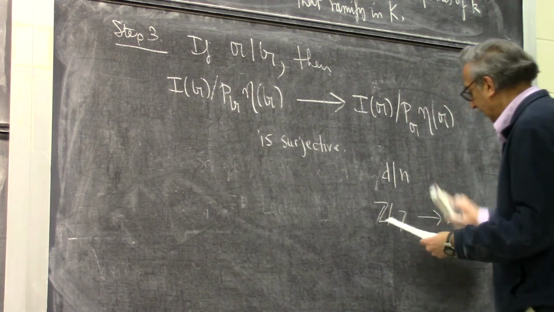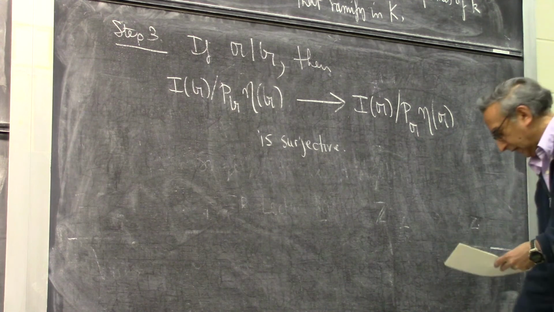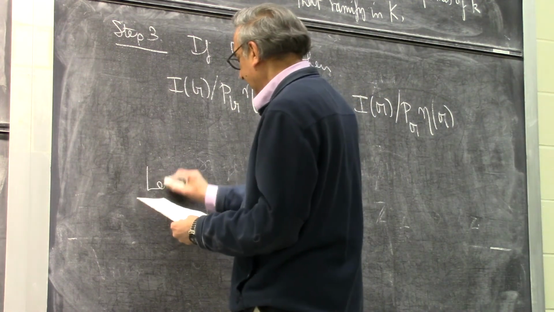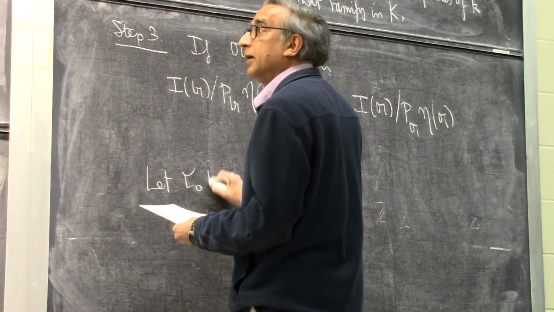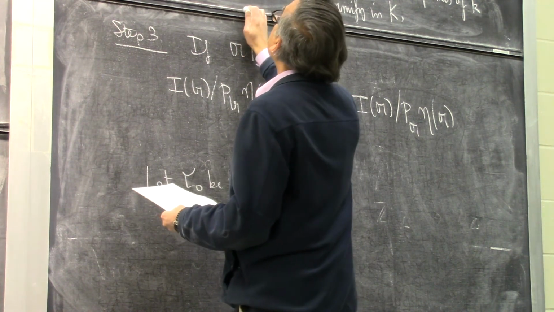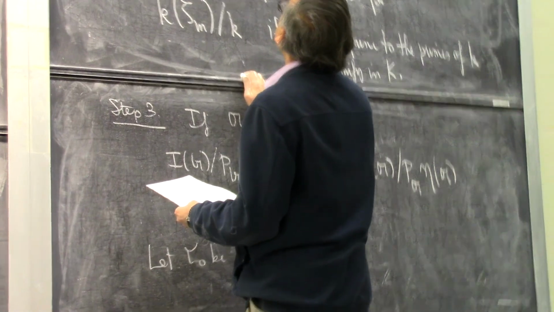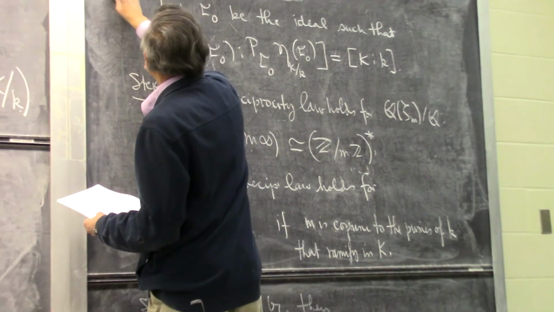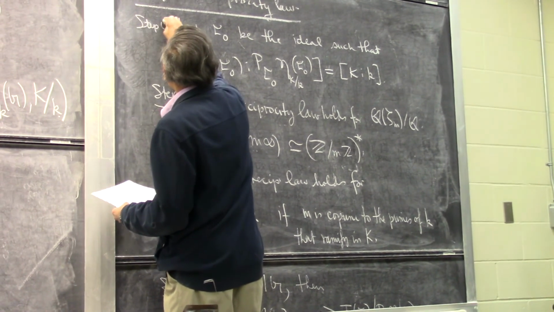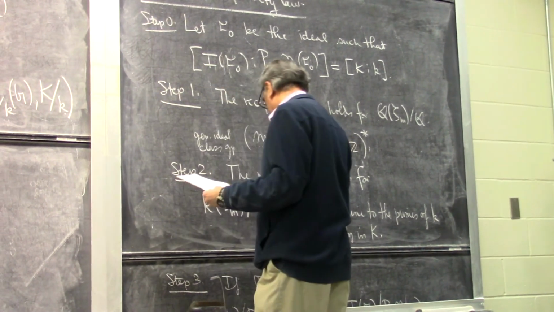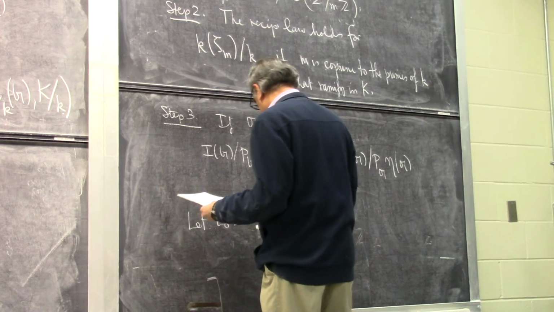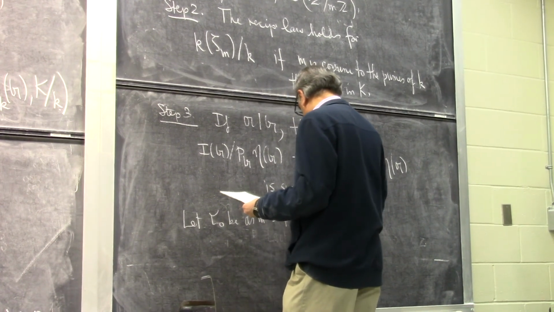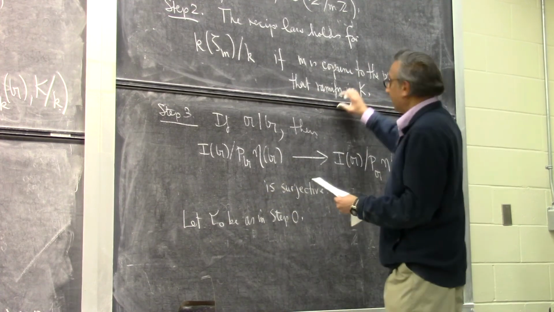So now, the point is that let C naught be as in step 0. I should have called this step 0. Let C naught be as in step 0. Then what do we have?